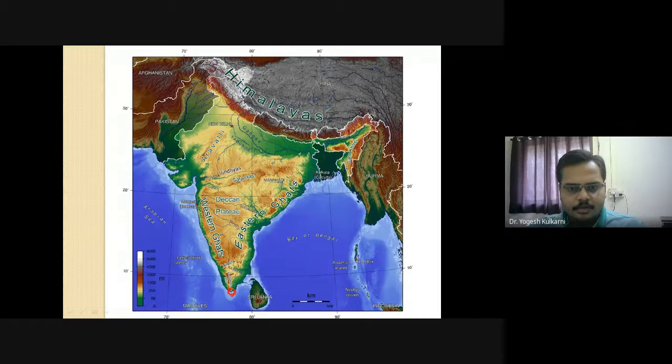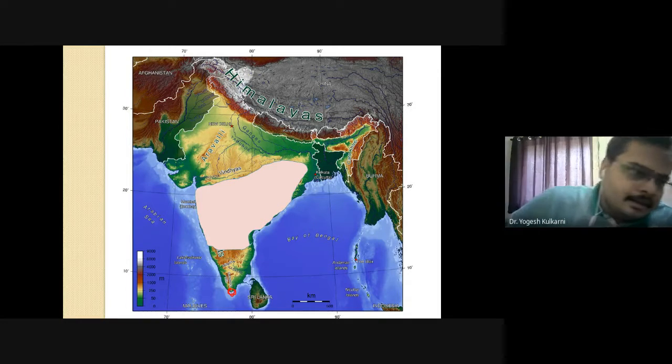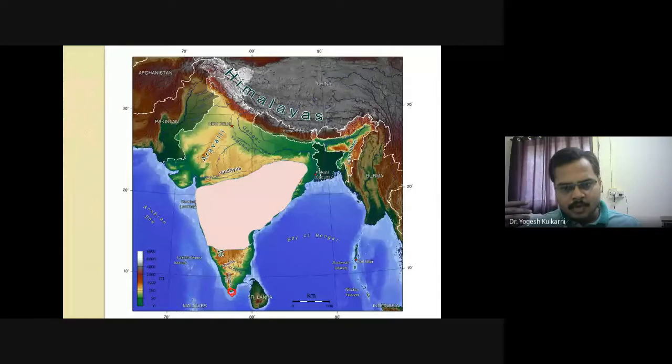Okay. So with respect to the geological time scale that we have seen in the previous slide, the oldest type of rocks present in India are the granites and their metamorphosed product, that is granitoid and granitic gneisses.